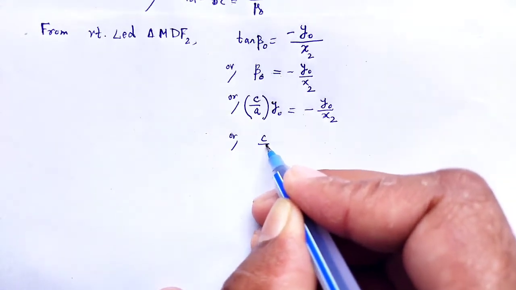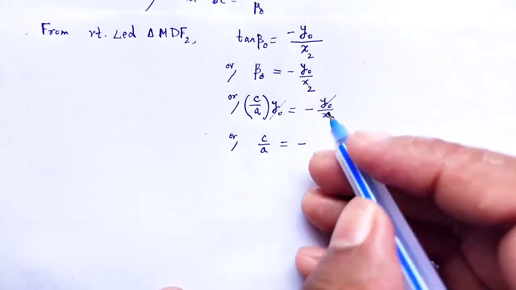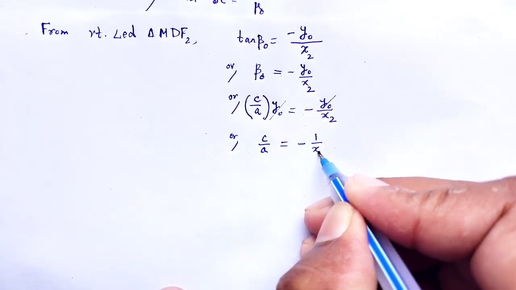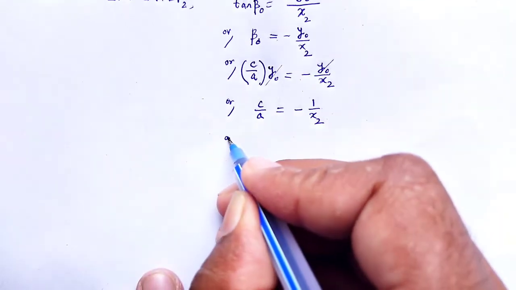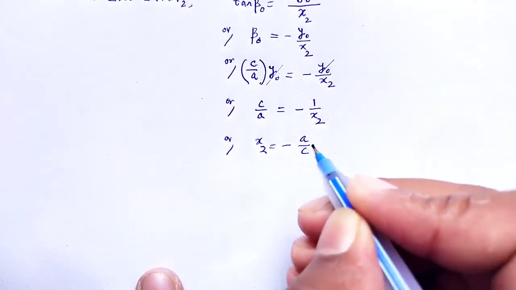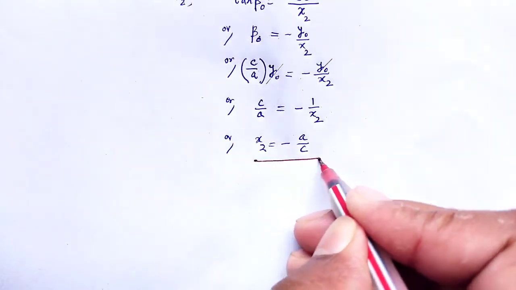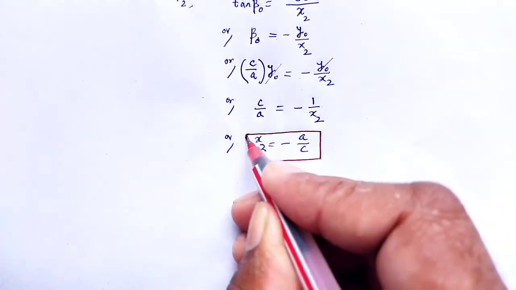Y naught cancels out, so C by A is equal to minus 1 by x2, or x2 is equal to minus A by C. That negative sign is just for sign convention.